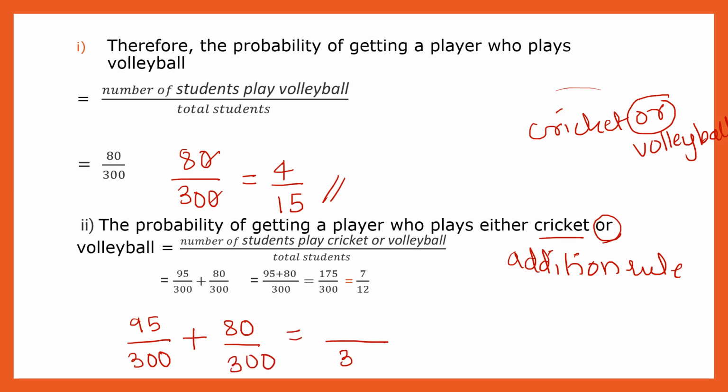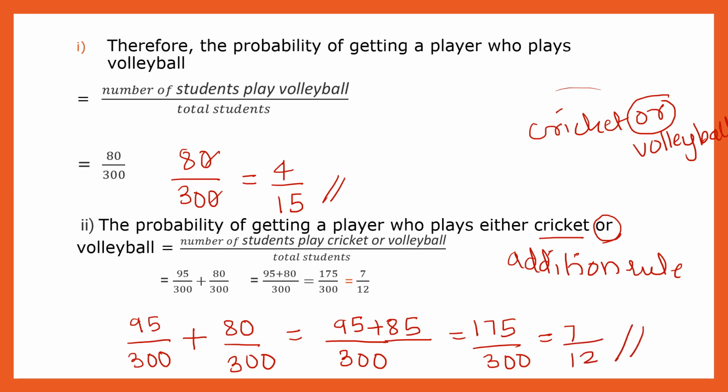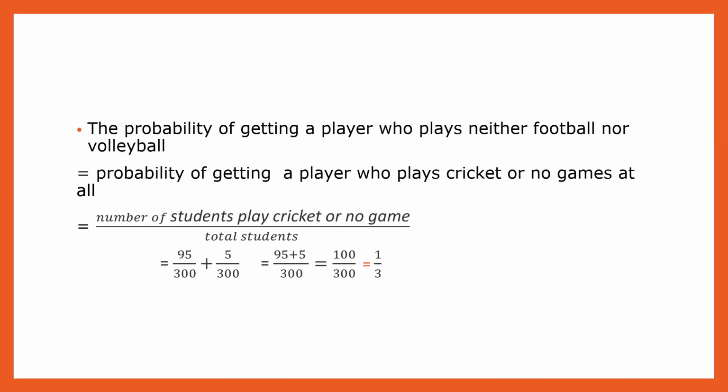If we add them, the denominators are the same, so add the numerators. That is 175 by 300, which is 7 by 12. So this is my answer for the second one. Yes, that is the difference between the addition rule and the multiplication rule.